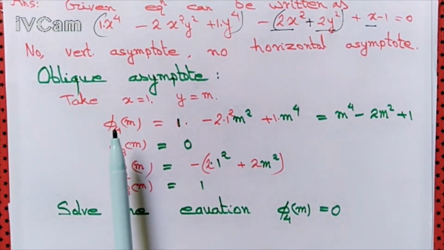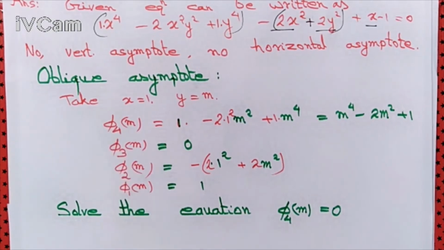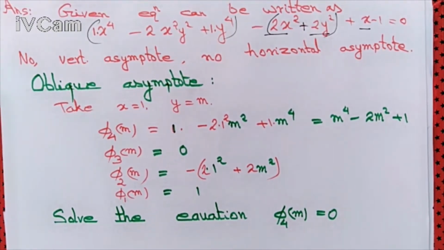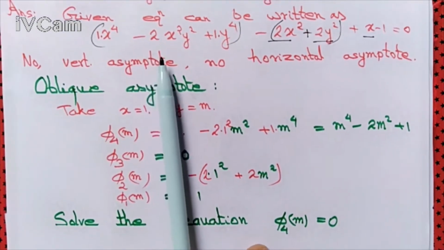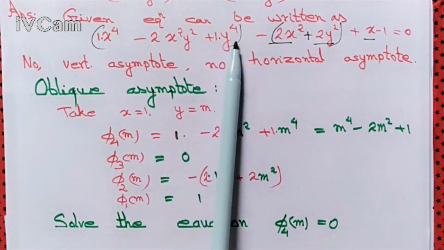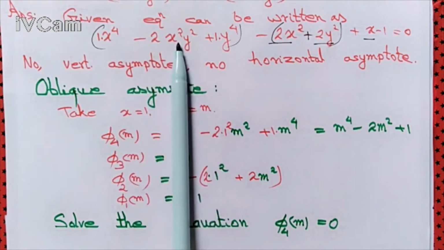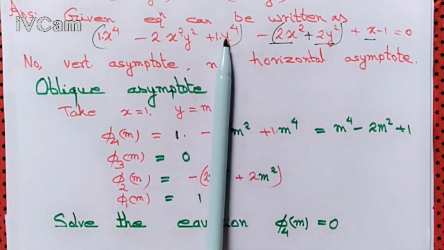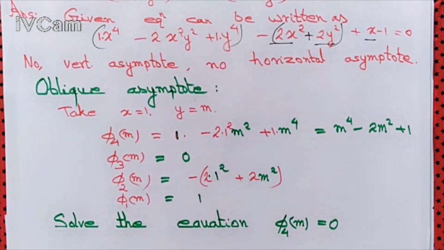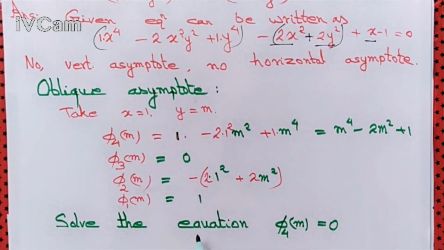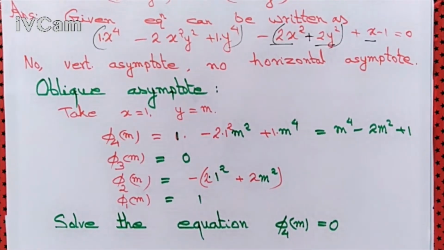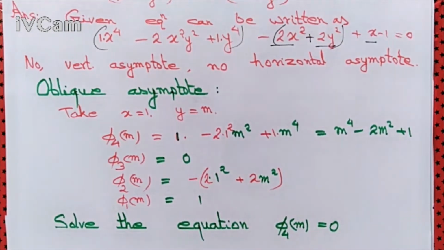The phi 4(m) was the polynomial in m obtained by considering the highest degree terms. These are all the terms with highest degree. This term is of degree 4, this term is of degree 4, this term is of degree 4. Solve the equation phi 4(m) equal to 0.